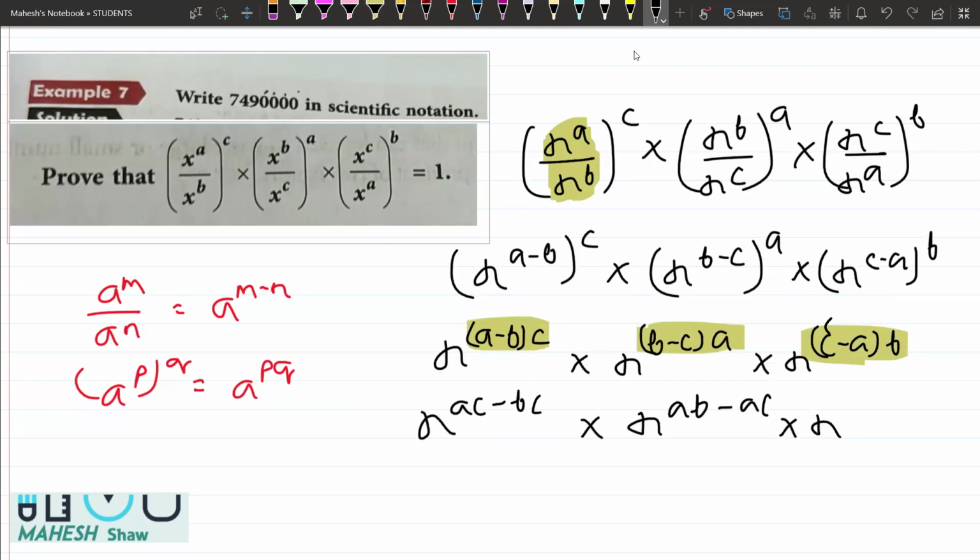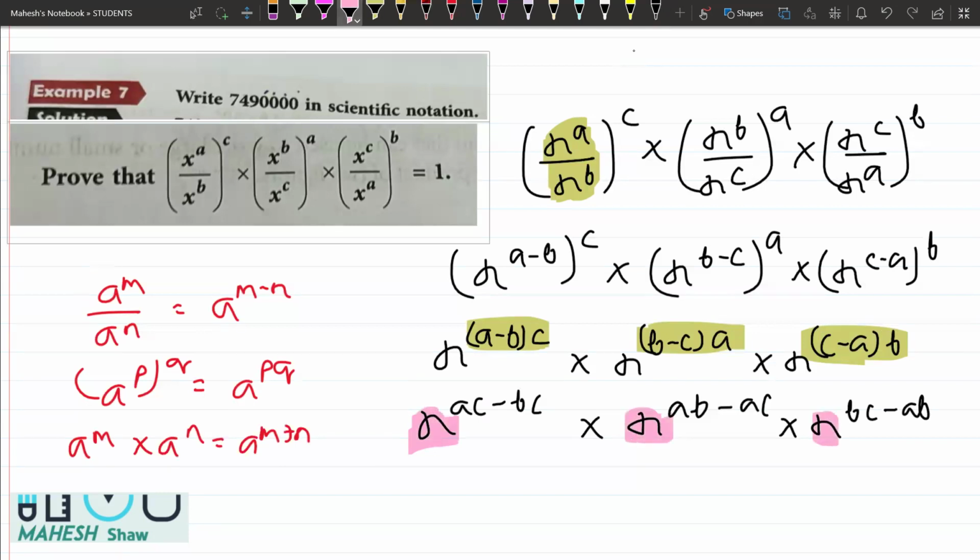In the next part, we have c multiplied by b, that is bc, and minus a multiplied by b is minus ab. Now, once again, we are going to apply another property here, that when the same bases are multiplied, the powers are added. That means this is a raised to the power m plus n. Check here. We have the same base in all three parts, that is x.